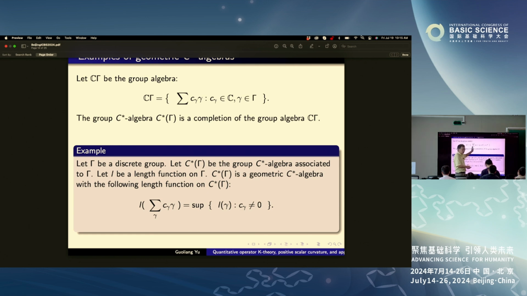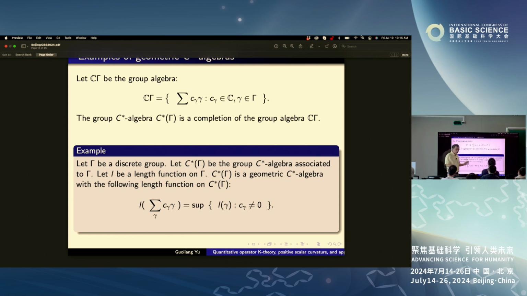You can multiply it, right? Then there's some natural completion. Okay, that's an algebra. Now, there's this huge subject of geometric group theory, studying discrete groups by looking at the geometry. So what is the geometry? You put a length function on the group.